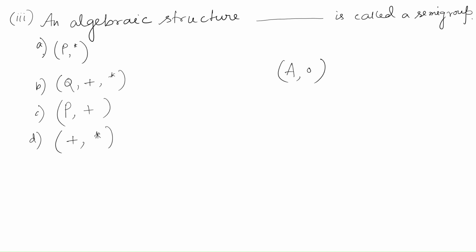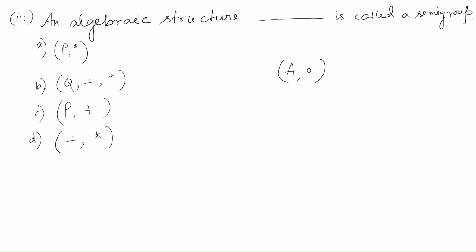For option A, P comma star, here the binary operation is star and star is not defined, so we cannot say that P is a semigroup under the binary operation star because we cannot say that the two properties, closure and associative, are satisfied for the elements of the set P under the binary operation star.